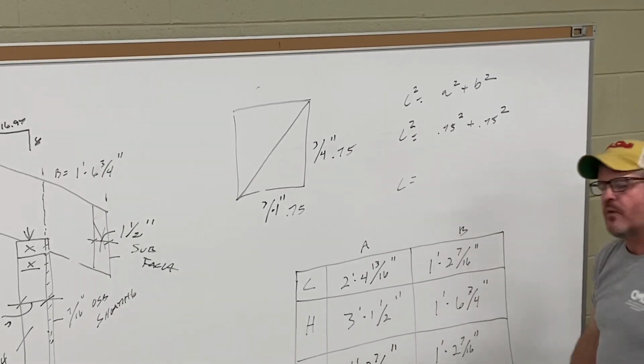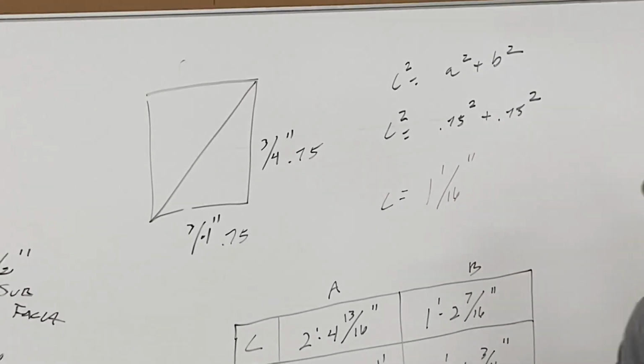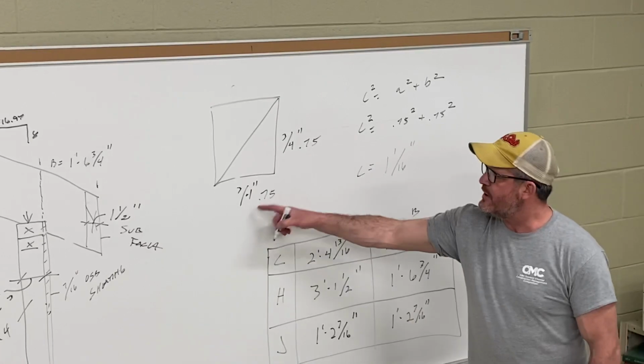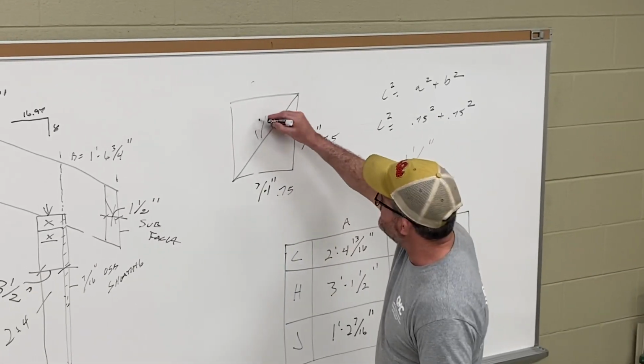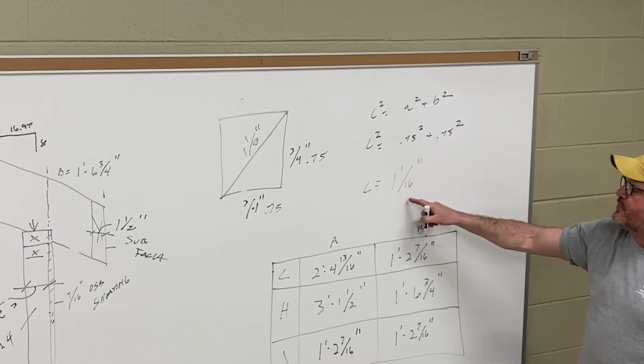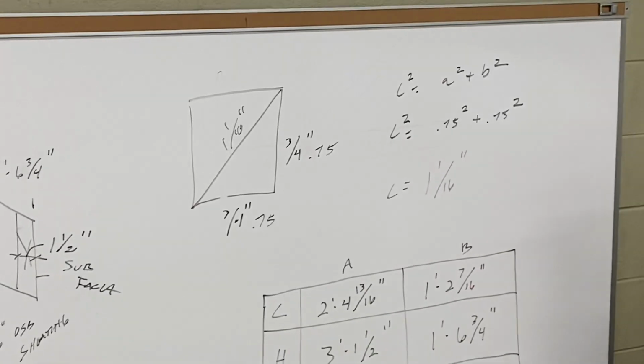Okay, if you work it all the way out, what you'll realize is that, by converting it back into inches, I would shorten that 1 1/16 inches. So 3/4, my hypotenuse is 1 1/16 inches. I encourage you to go ahead and work that math all the way through, but you will see that my answer comes to 1 1/16 inches.